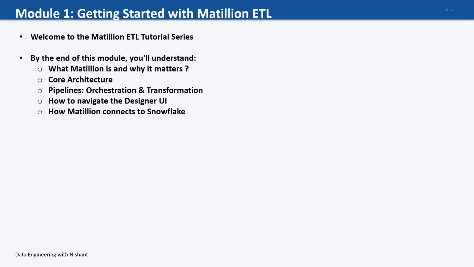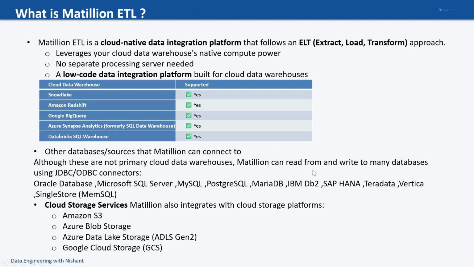The first thing, what is basically Matillion? Matillion is a data integration and transformation platform that is designed specifically for modern cloud data warehouses. The thing that makes it unique is the low code and visual component.